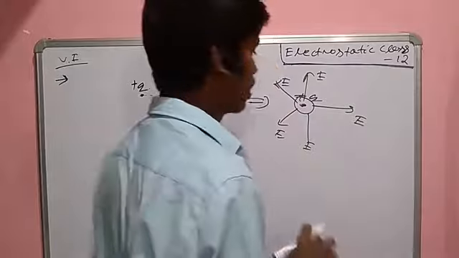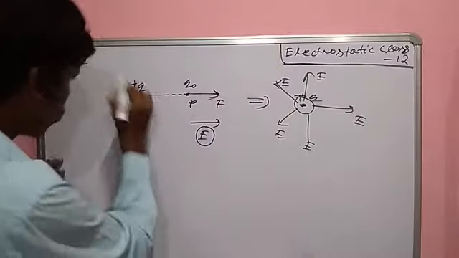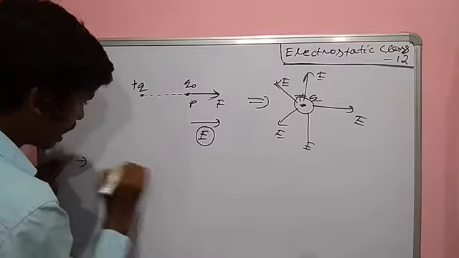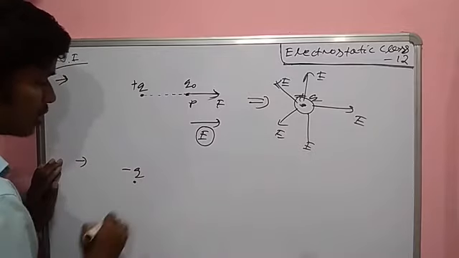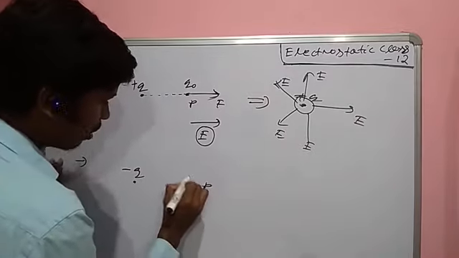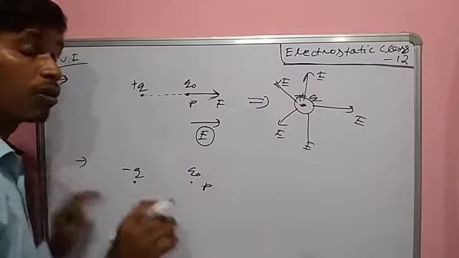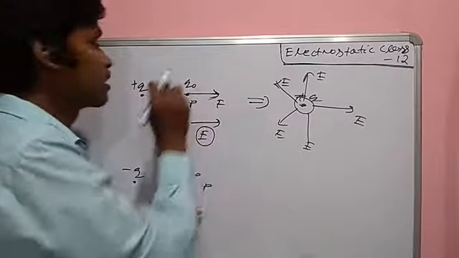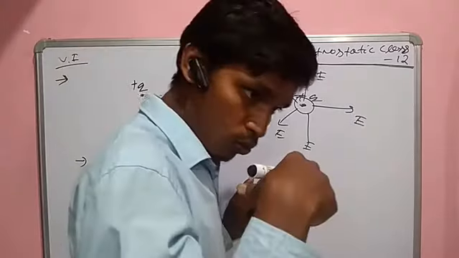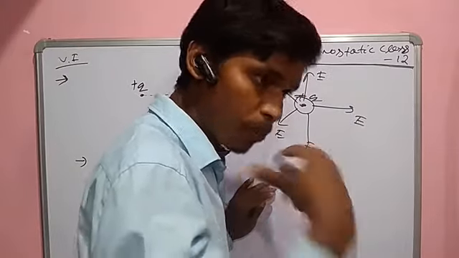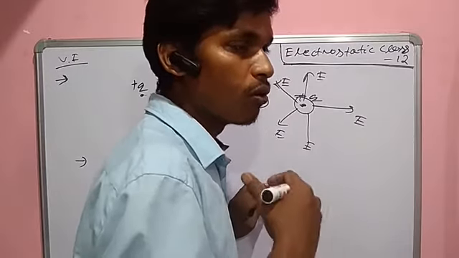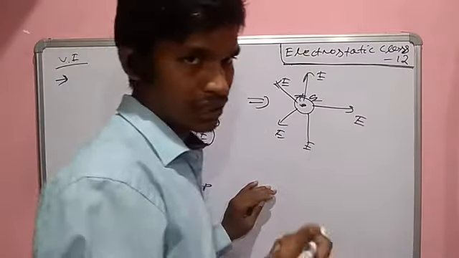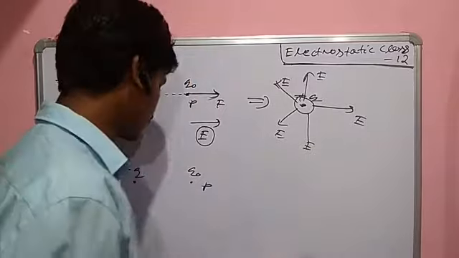Yes or no? Outward. Suppose the source charge is negative charge. Suppose this point P, here test charge is, but we have to remember, we have to think the test charge is positive charge.